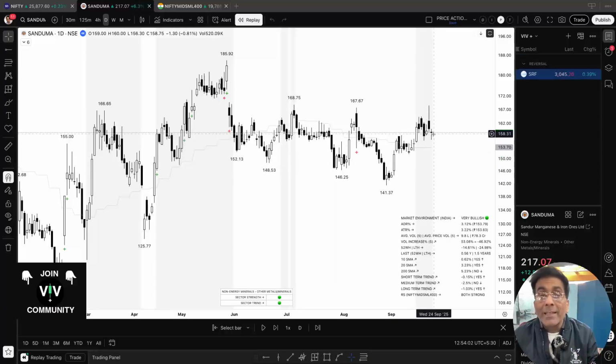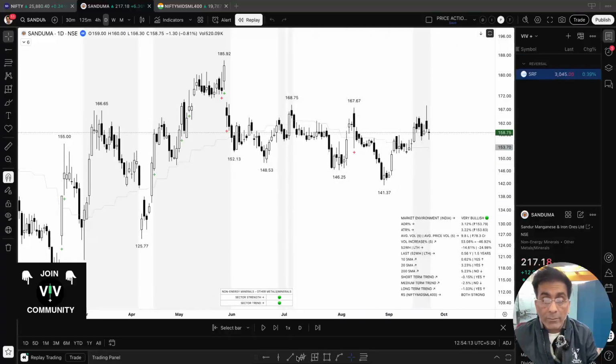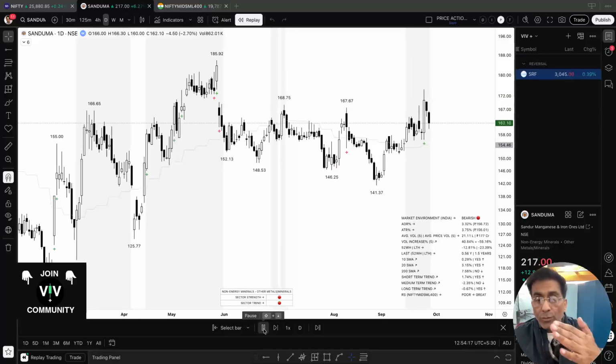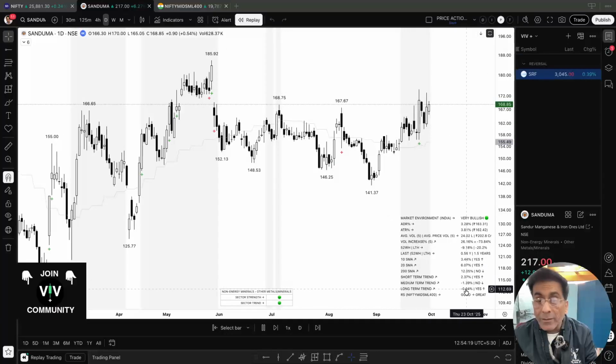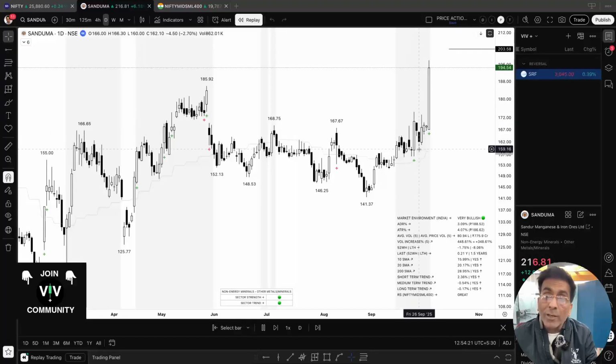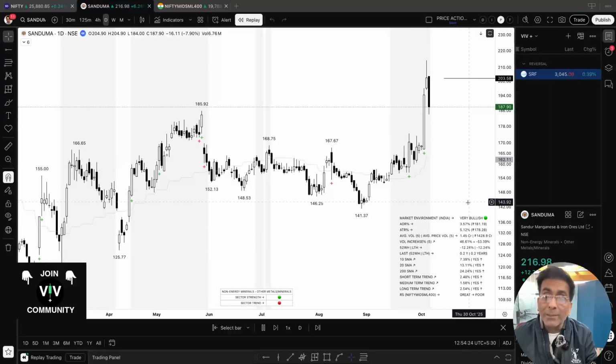So there was a probability that this trade may succeed, right? So what happened was, you can see it continued the short term trend, and the short term trend also converted into the medium term trend.